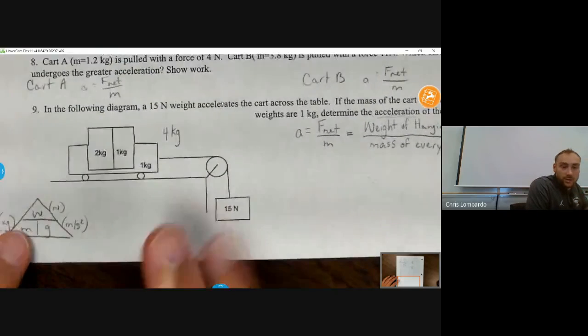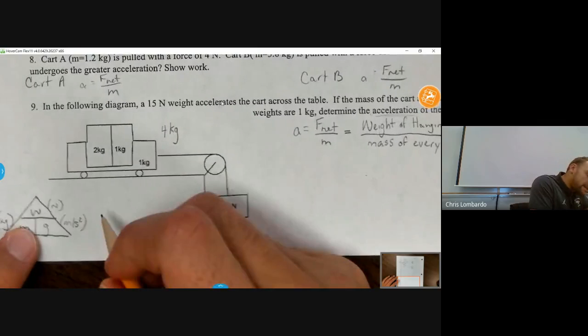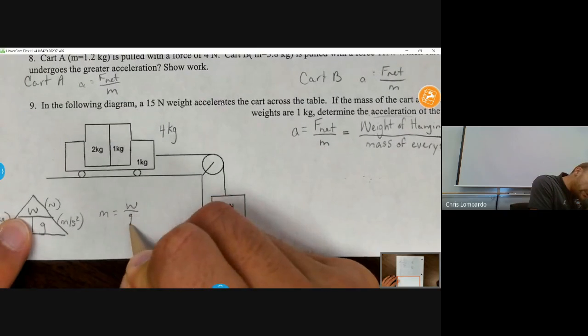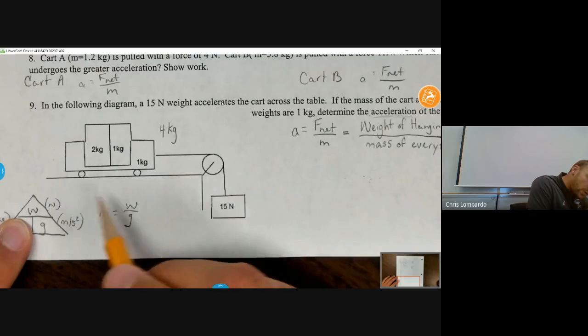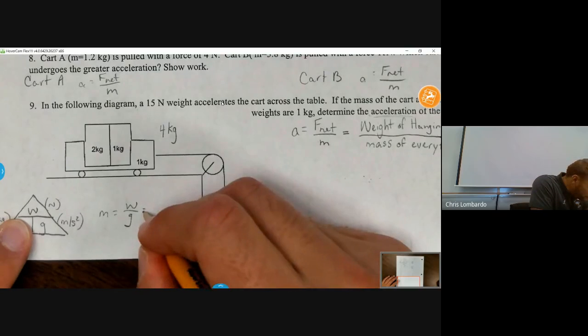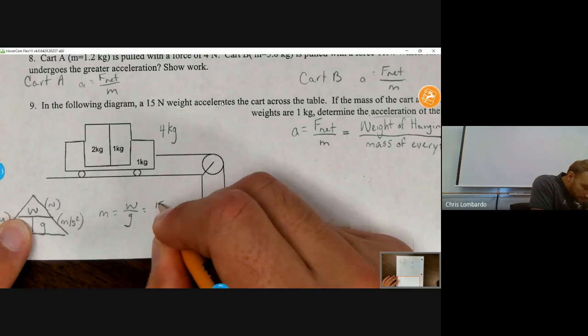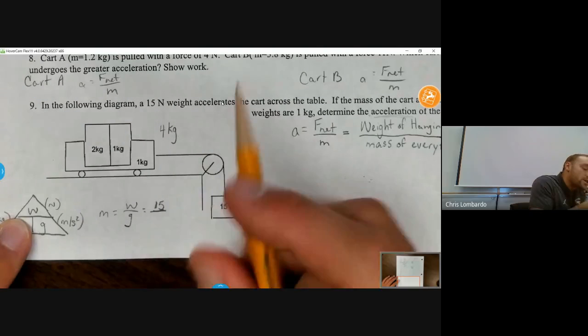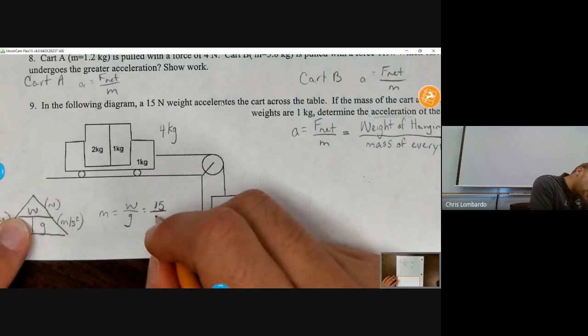If I go over here real quick, mass is equal to weight divided by gravity. The weight of this object is 15 newtons. Now, Earth's gravity is negative 9.8, but we're using 10 in this situation.